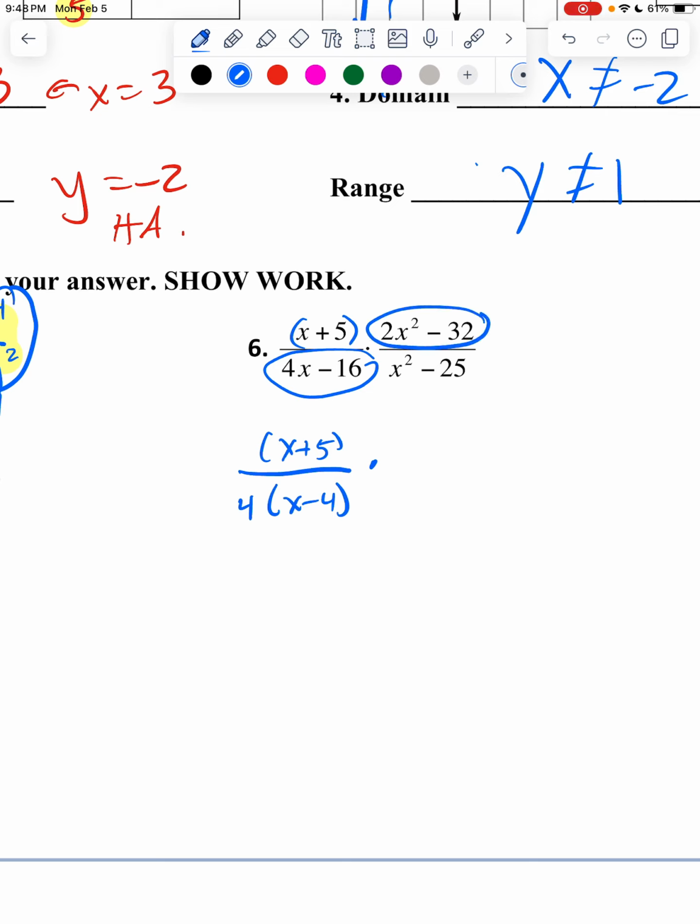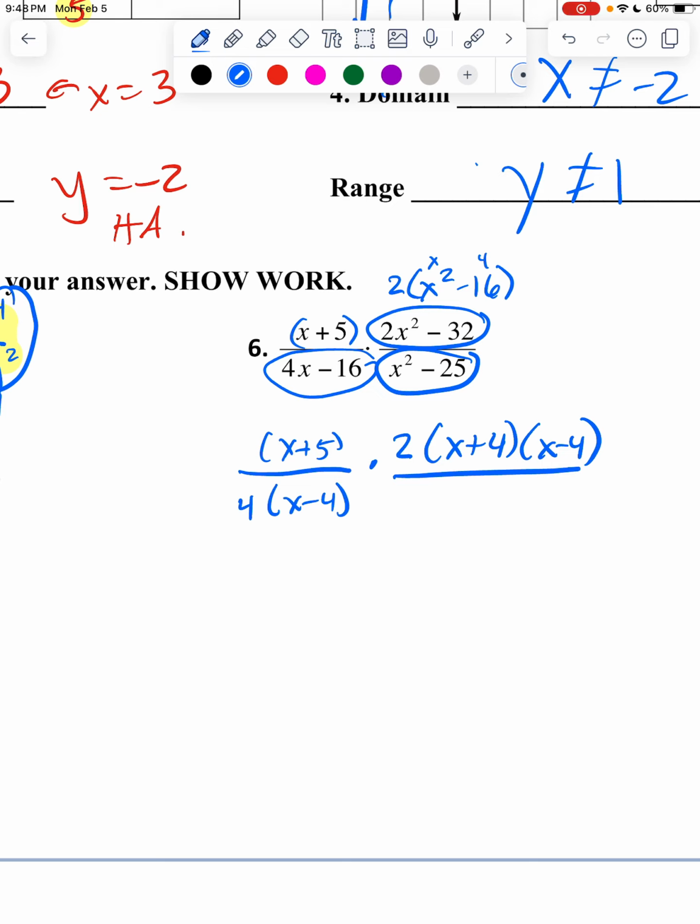I can take out a 2, but that still leaves me with this, and that's the difference of squares, because this is the square of x, this is the square of 4. So I actually end up with 2, and then x plus 4, x minus 4. Down here, also the difference of squares, because this is the square of x and this is the square of 5. So I get x plus 5, x minus 5.